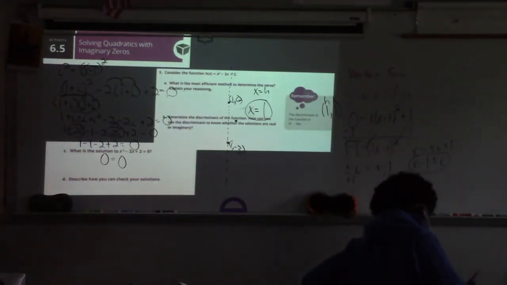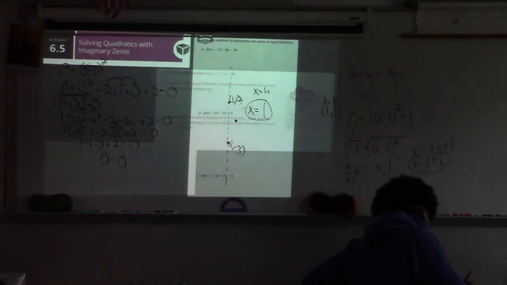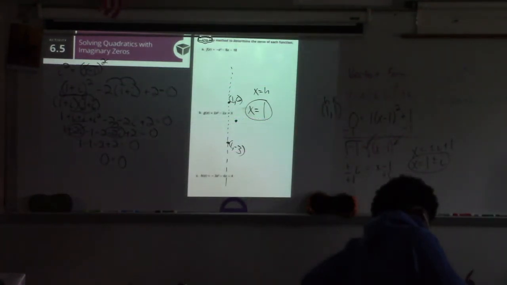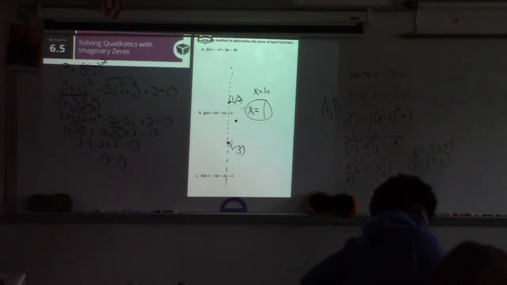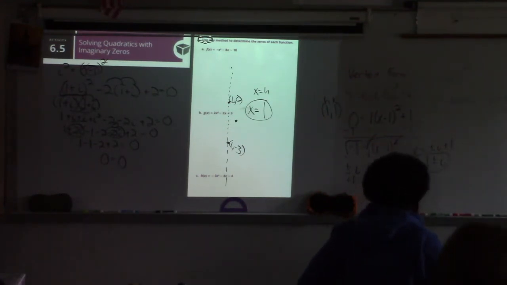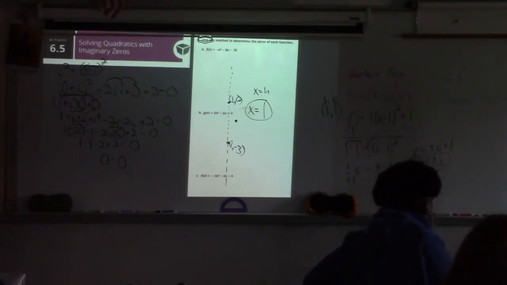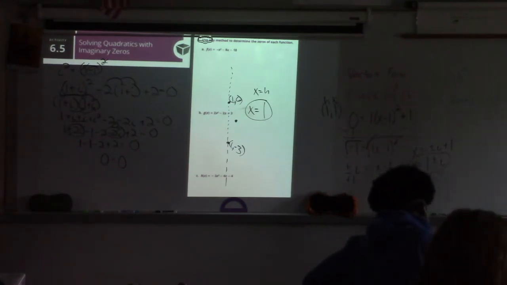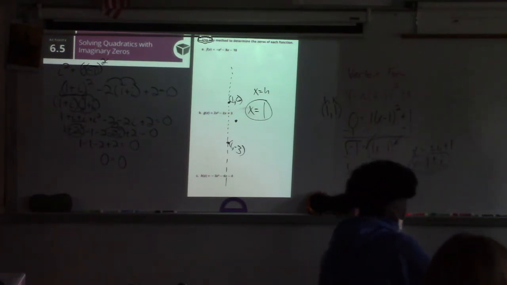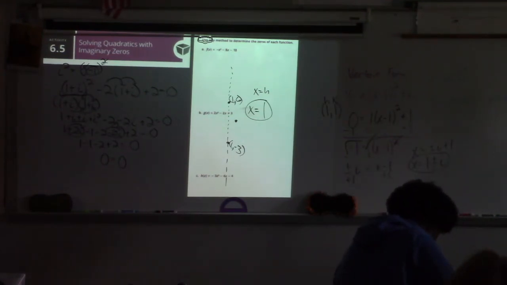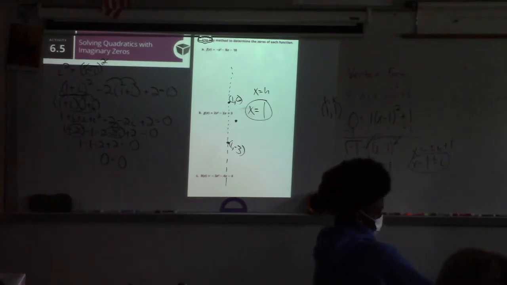I want y'all to take about 10 to maybe 15 minutes to work on number 8 here, where you are using any method to determine the zeros of each function. A lot of us jump straight to the vertex form because we couldn't use factored form. Was there any other method you could use to solve the quadratic equation?